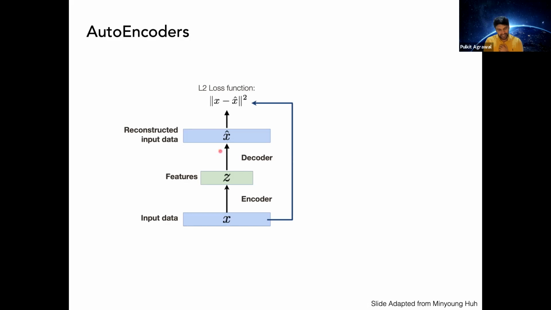So in that case, I wouldn't really learn any meaningful features. But typically, when people construct autoencoders, they would ensure that the dimensionality of Z is much less than the dimensionality of X. That is, I need to compress my data before I expand it again. And this compressed feature space Z is hoped to be a good feature space.